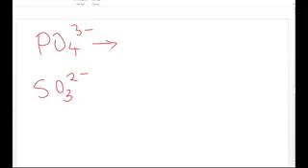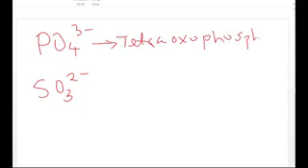Okay. This is tetraoxophosphate. Phosphate because it's coming from phosphorus and it is having oxygen, so it has to end with ATE. Phosphate what? 5 ion. So if you calculate the oxidation number of phosphorus there, it's going to be 5.